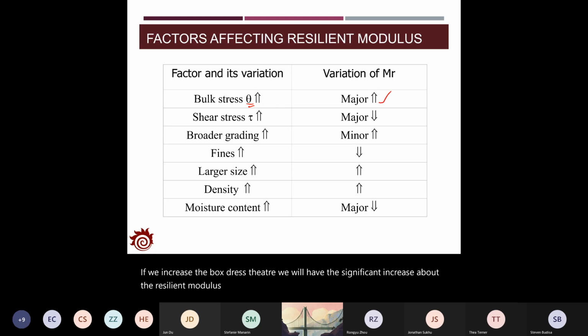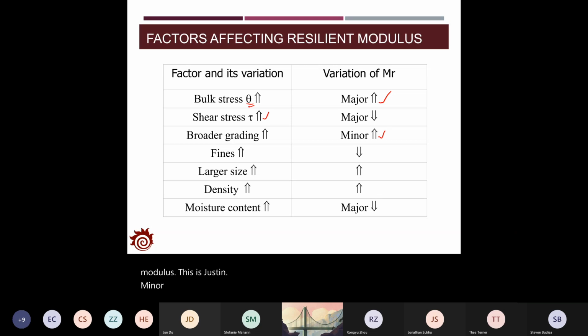If we increase the shear stress, the resilient modulus value will decrease dramatically. And if we make the grain of the particles larger, we can slightly increase the resilient modulus. This is just a minor effect.